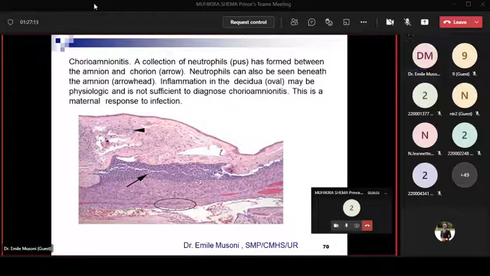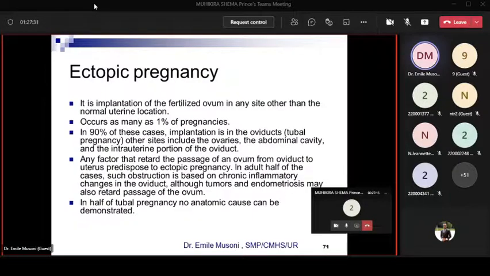Chorioamnionitis is the inflammation of the chorion with the amniotic fluid. It is also caused by some inflammation. Ectopic pregnancy, most of the time it is found in a fallopian tube, but we can also find ectopic pregnancy even in the intestine.